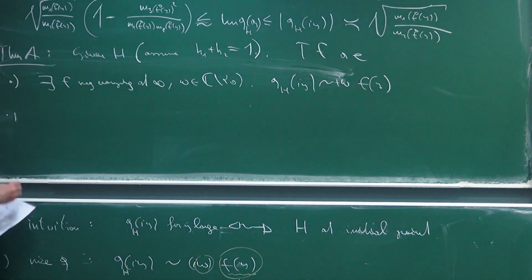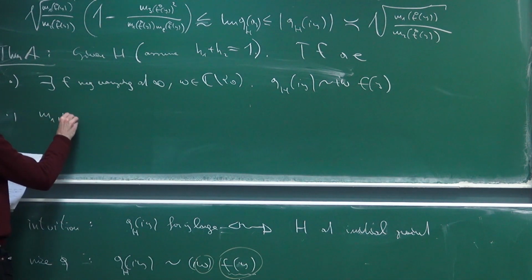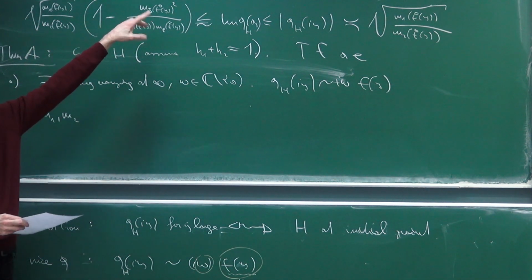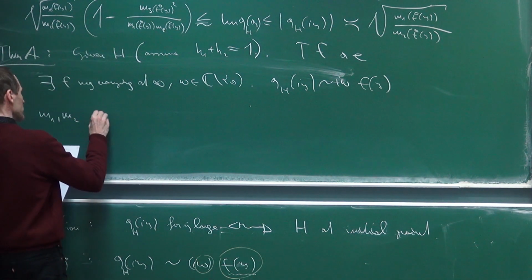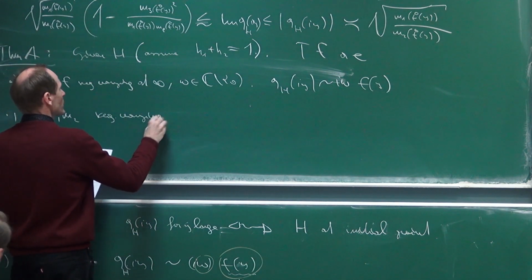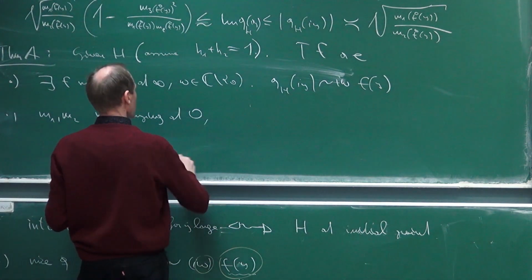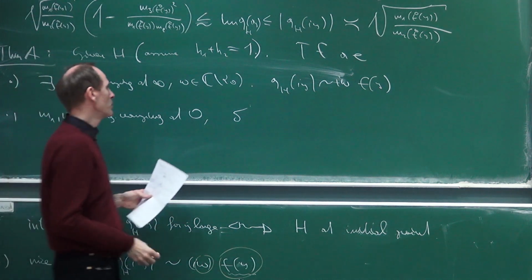The condition on the Hamiltonian side is the following. The diagonal entries m1 and m2 of the Hamiltonian, I use the same notation as up there, are both regularly varying at 0, and the off-diagonal entry isn't too bad.